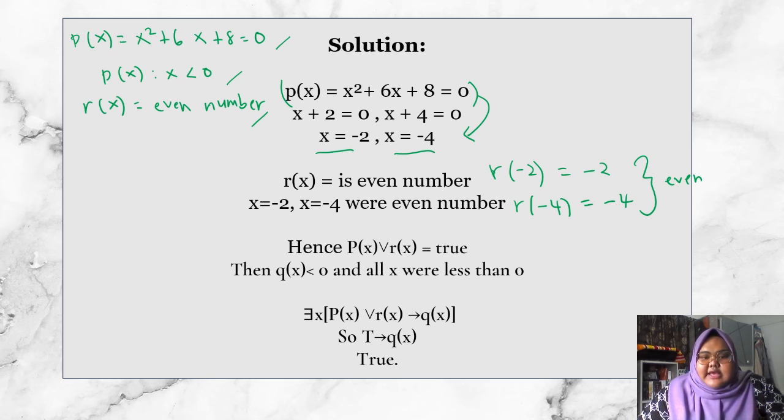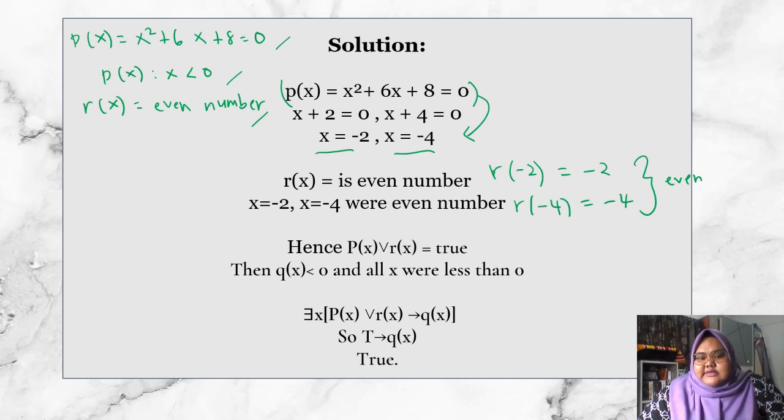Hence, P(x) or R(x) is true. This is because for Q(x), x is smaller than 0. The answer of the P(x) function is x equal to -2 and x equal to -4, so both are smaller than 0.